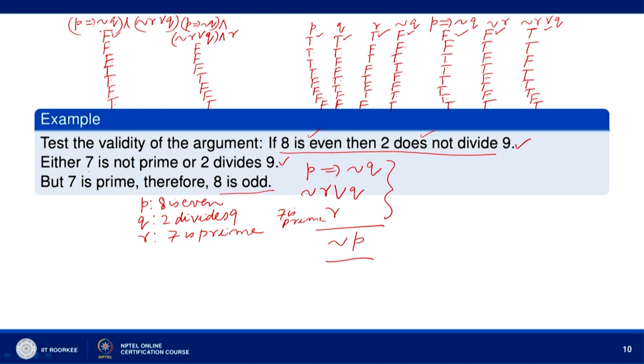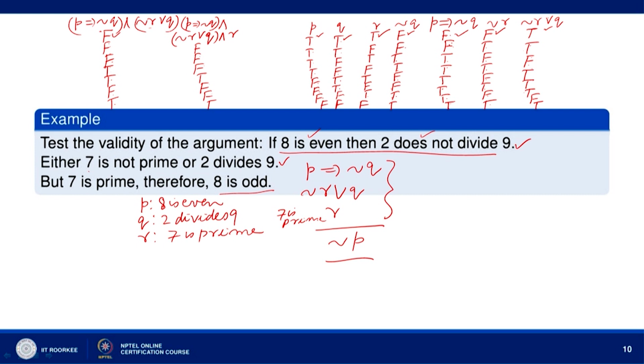P implies not Q and not R or Q. So, we have to consider this and this column. So, we have here F T gives F. Okay.